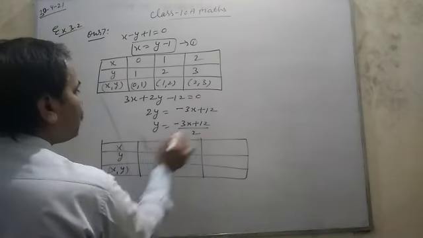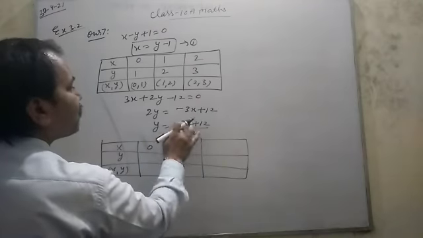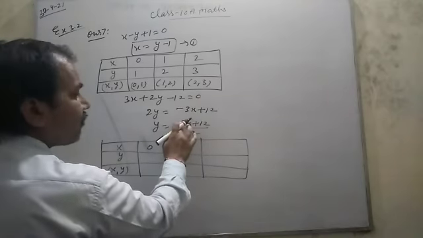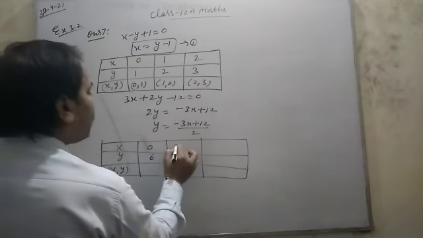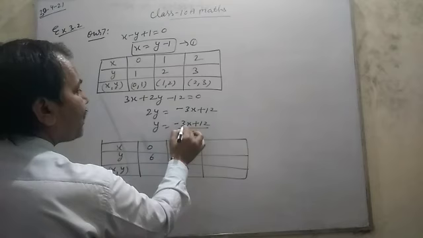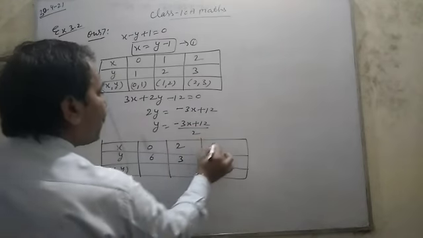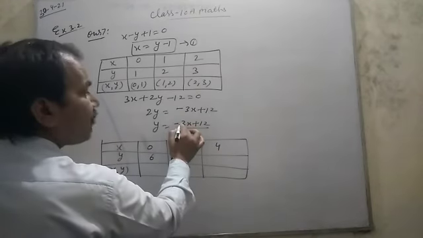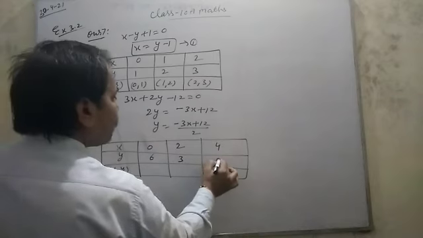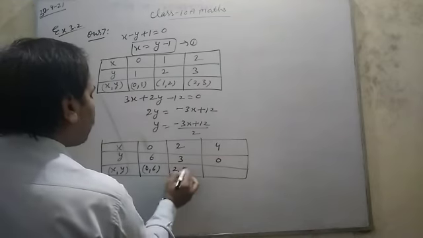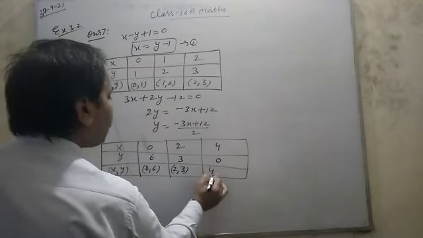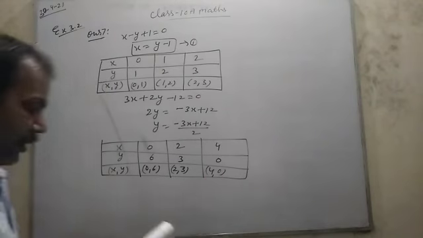Putting x value 0: 12 minus 0, 12 upon 2 is 6. Then x = 2: 12 minus 6, 6 upon 2 is 3. Then x = 4: 3 fours are 12, 12 minus 12 is 0. So the points are (0, 6), (2, 3) and (4, 0).